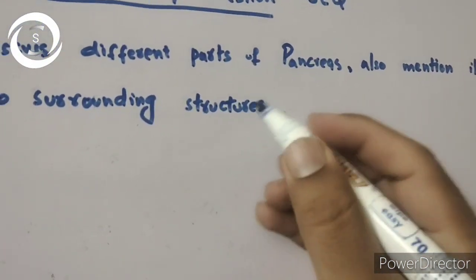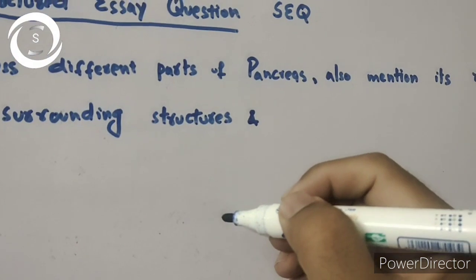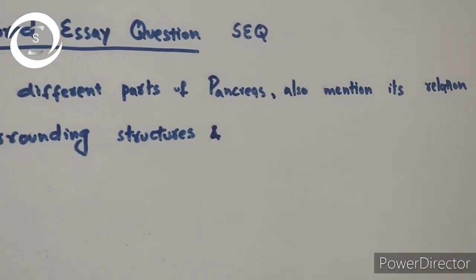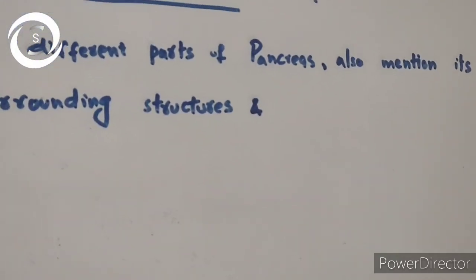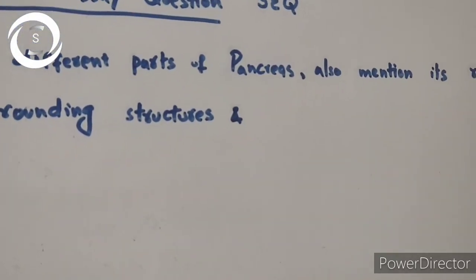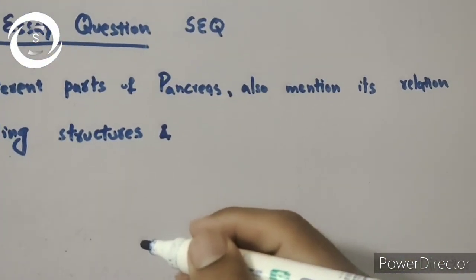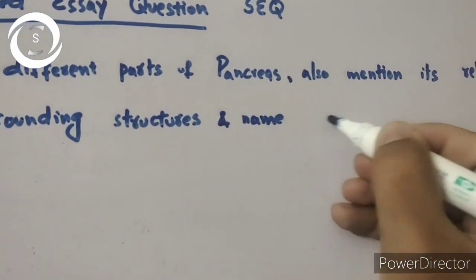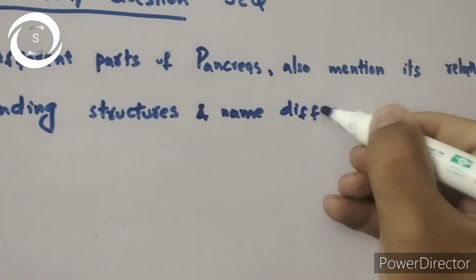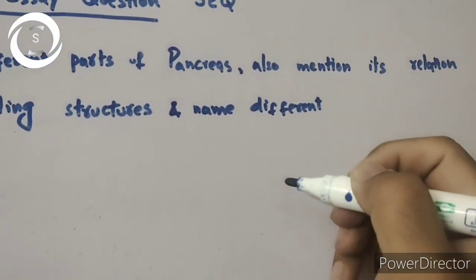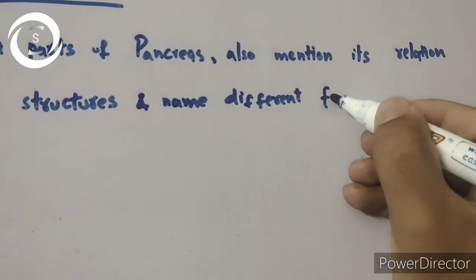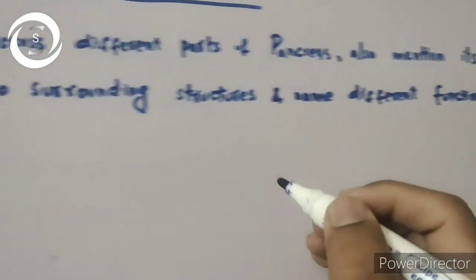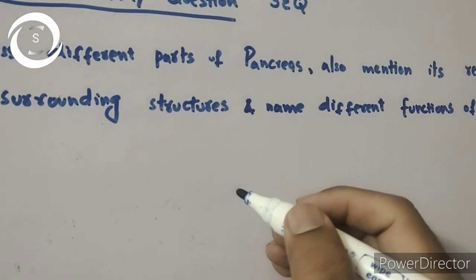So now it is a very clear statement, with clear things asked from you to write, as compared to the simple essay question in which you can write anything about the pancreas with no clear path. Here you are asked to mention the different parts, its relations with the surrounding structures, and name endocrine as well as exocrine functions.